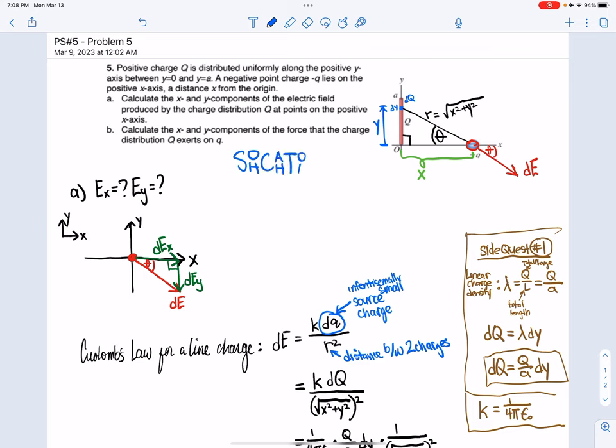So the sine of theta would be opposite, which is y, over the hypotenuse, which is square root of x squared plus y squared. And the cosine of theta would be x right here over the hypotenuse, which is, again, square root of x squared plus y squared.